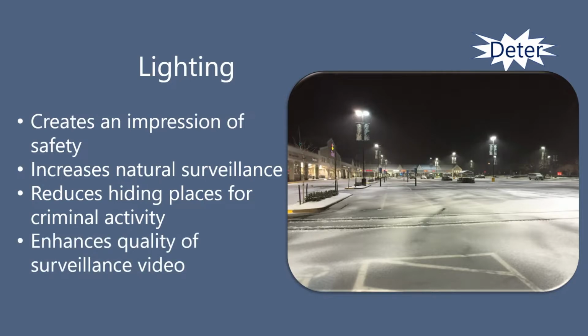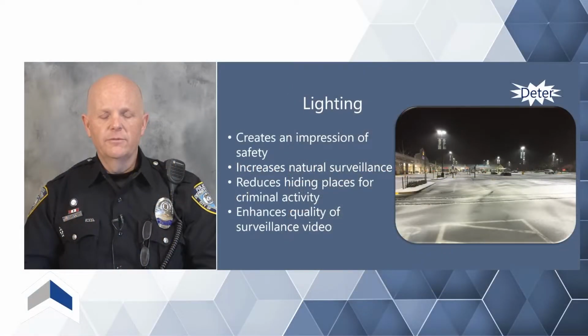And if you have surveillance video on your property, it's going to really enhance the quality of that video. It's frustrating for law enforcement when we see poor quality video, and even though most surveillance systems have low light cameras, having that little bit of light is going to really enhance the quality of it and make it much more usable.